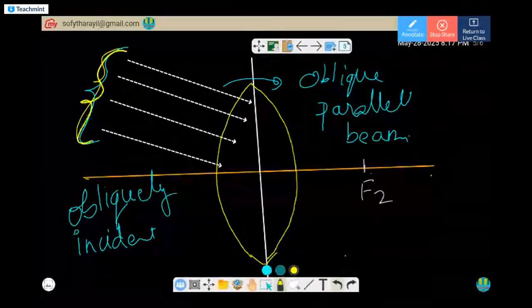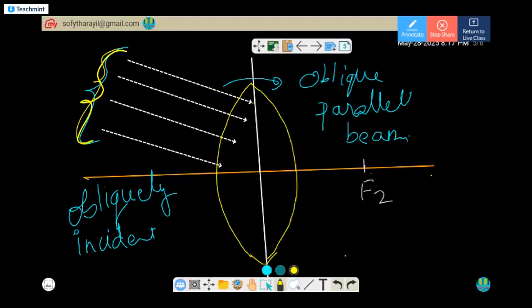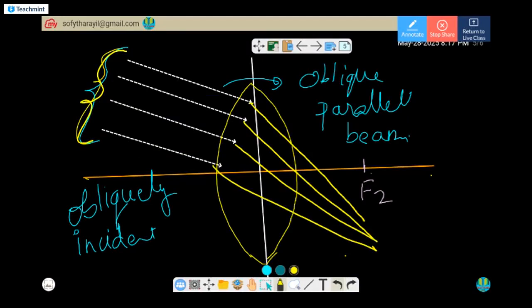So meeting at the focus is only a condition if the lines are parallel to the principal axis. Then they will meet at the focus. But if they are not parallel to the principal axis, they might be parallel to each other. So they will all try to bend and meet. If they're parallel coming on the top, they will try to meet at a point which will lie on the second focus, but not exactly at the focus.